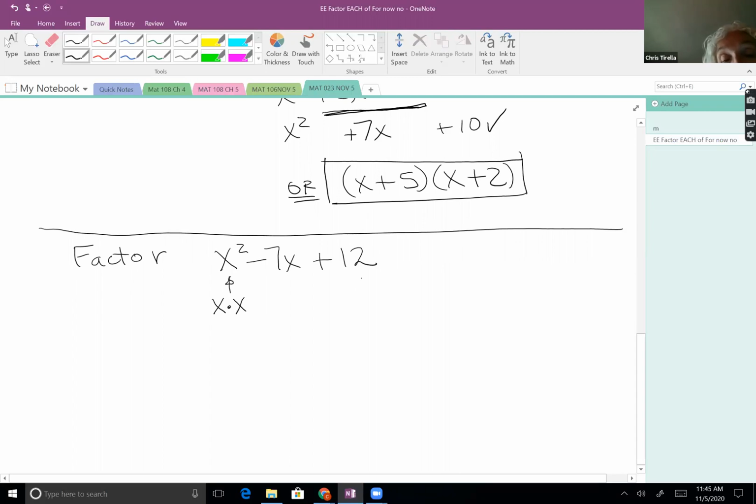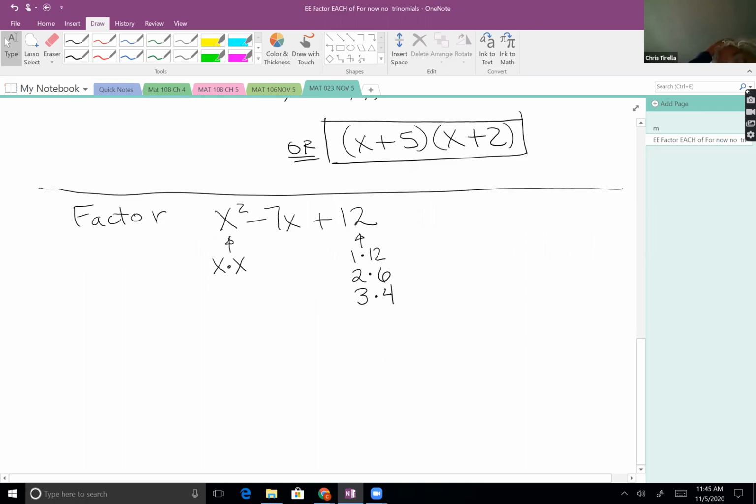And I'm looking for numbers that multiply to 12. That could be 1 times 12. That could be 2 times 6. That could be 3 times 4. With me so far?